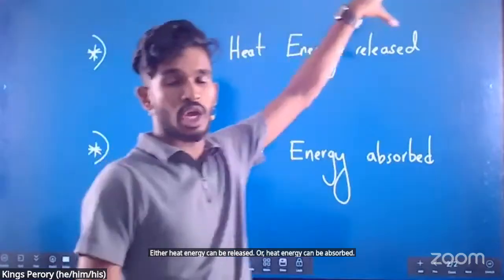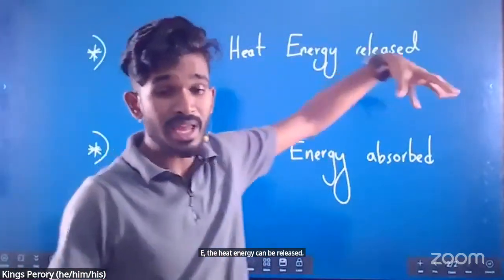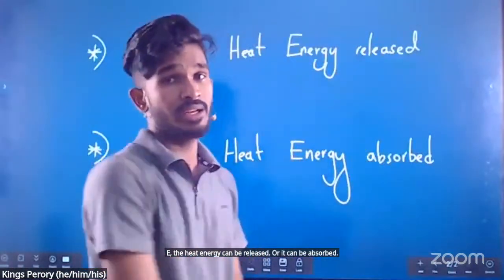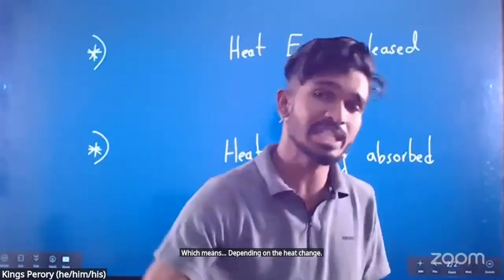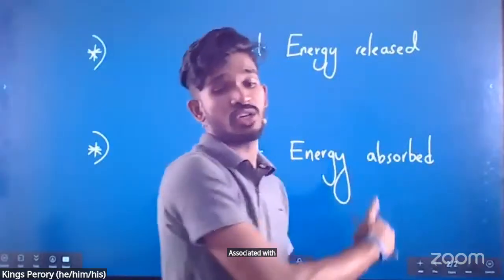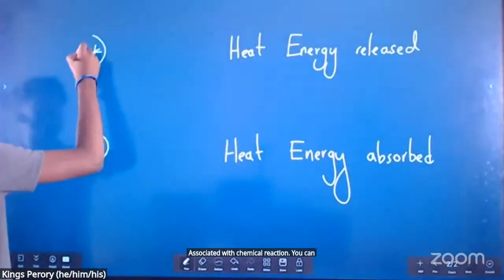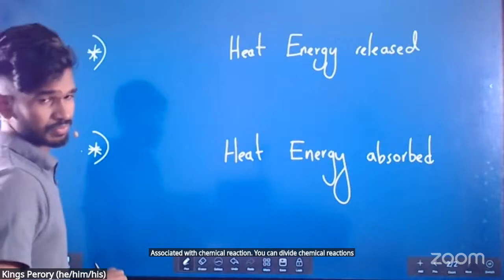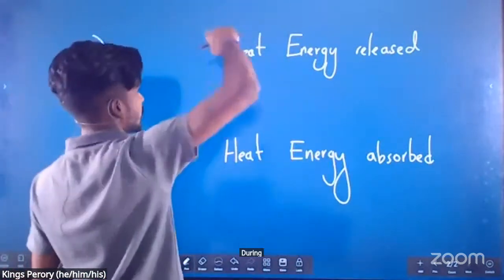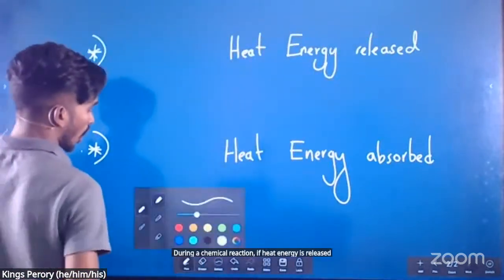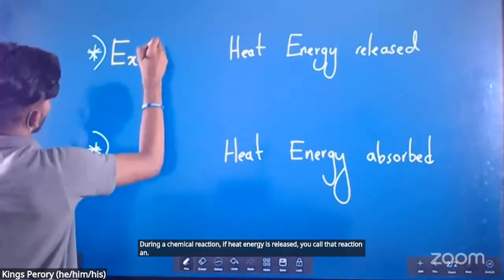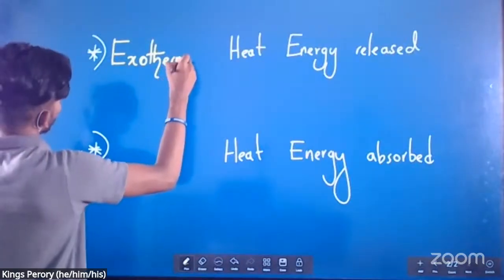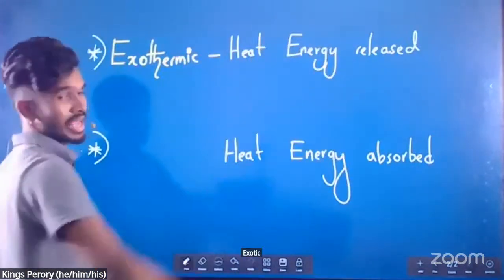Either heat energy can be released or it can be absorbed, which means depending on the heat change associated with a chemical reaction, you can divide chemical reactions into two. During a chemical reaction, if heat energy is released, you call that reaction an exothermic reaction.